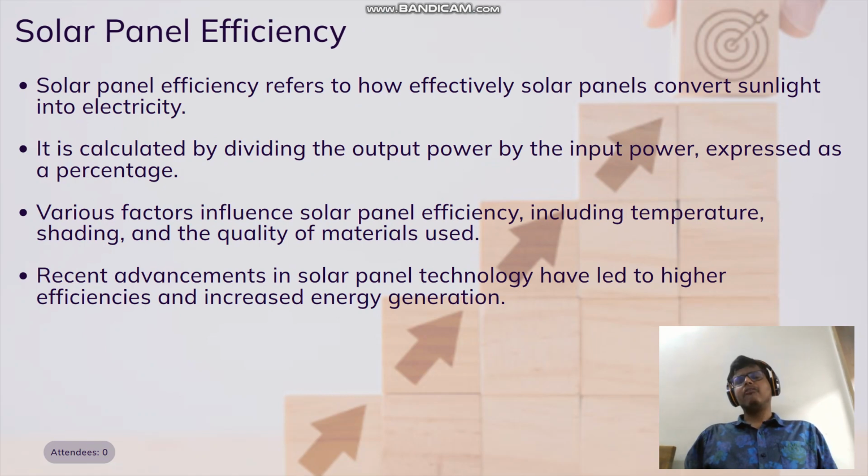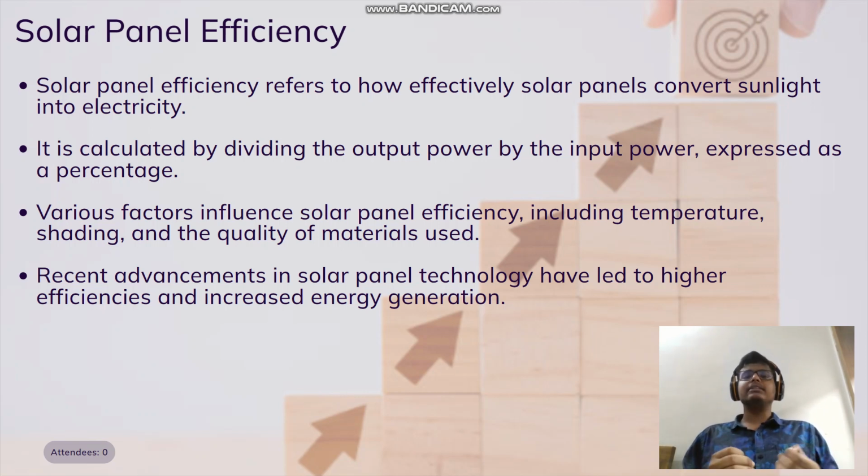Now, solar power plants don't have 100% efficiency. So, let's understand the efficiency of the solar power plant. Solar panel efficiency refers to how effectively a solar panel converts sunlight into electricity. Mathematically, it is calculated by dividing the output power by the input power, and it is generally expressed as a percentage.